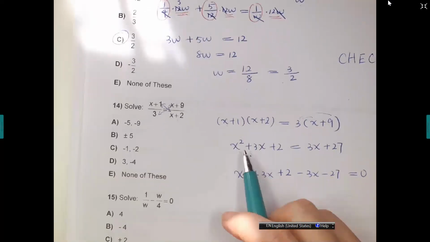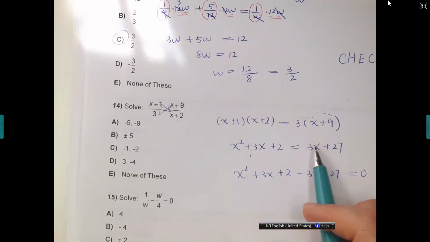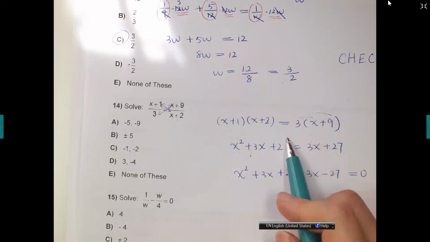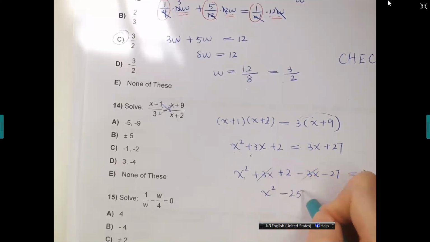To solve any quadratic equation, we want to see 0 on the right. See, we move this one to the left, turning it into negative 3x. 27 is moved to the left, turning into negative 27. Then combine like terms. 3x minus 3x, those two cancel. x squared, 2 minus 27 is negative 25, equals 0.